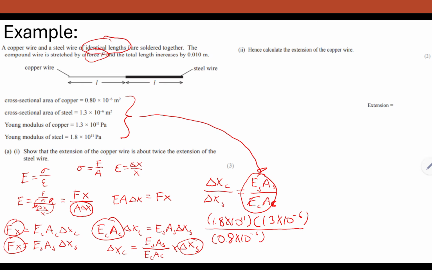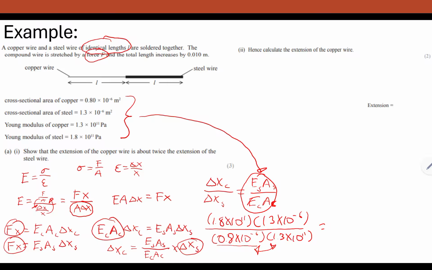This is the cross-sectional area of the copper wire. I accidentally pointed the wrong way around, and this is 1.3 times 10 to the power of 11. Ignore me putting these two in the wrong order, it should still make the same answer.